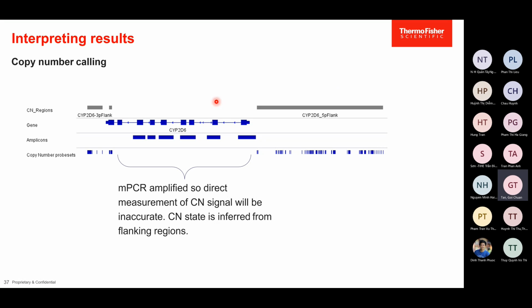Okay, copy number. Copy number is another different topic. So I think from a clinical perspective, currently the most important copy number in PGX is CYP2D6. Okay, so in our assay, how we do copy number calling is that we will base it on this 5' flank and the exon 9 region to decide whether or not there is a copy number gain or copy number loss, or copy number hybrid gain or loss.